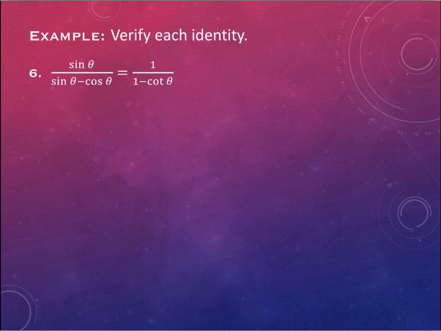Since there's cosines and sines on the left, that's probably the best option for us at this point. Keep reminding yourself as you're looking at these, where am I hoping to end up? On the other side, I have sines and cosines, so manipulating this into sines and cosines is going to be the most helpful for us right now. So we're going to change this into 1 over 1 minus cosine of theta over the sine of theta. Does that make sense?